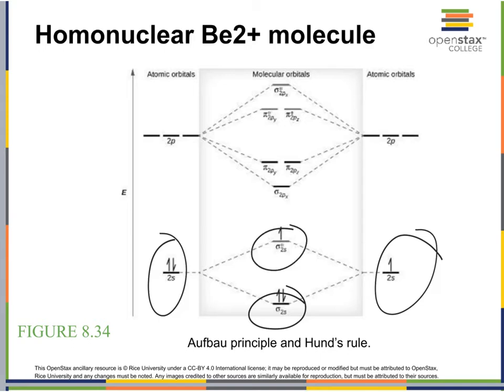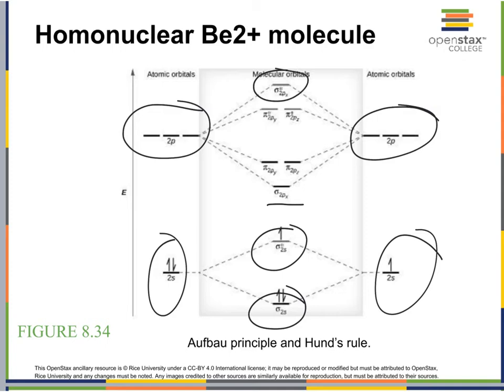But beryllium also has two p's. And so now when we combine these two p's, we get one sigma 2p and we get one sigma star 2p. Right? And that comes from the 2px.